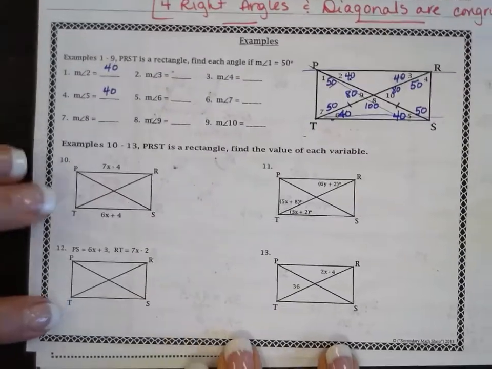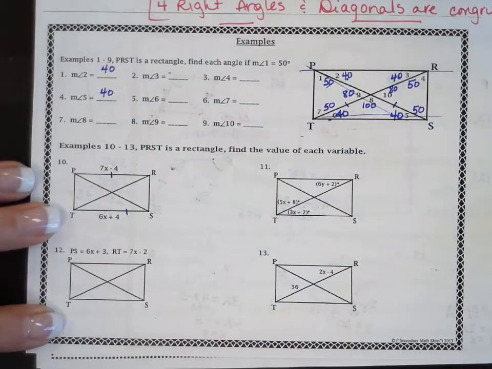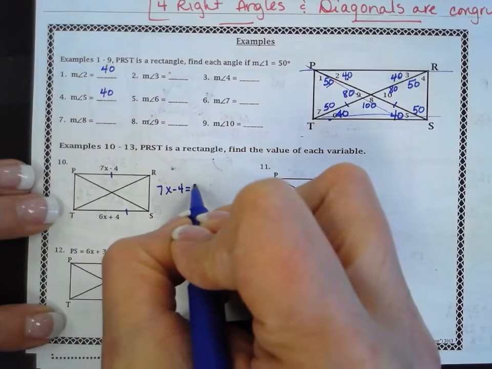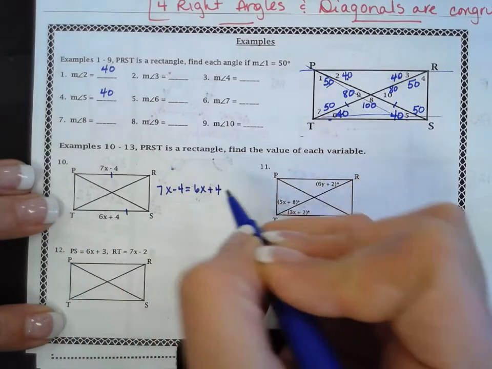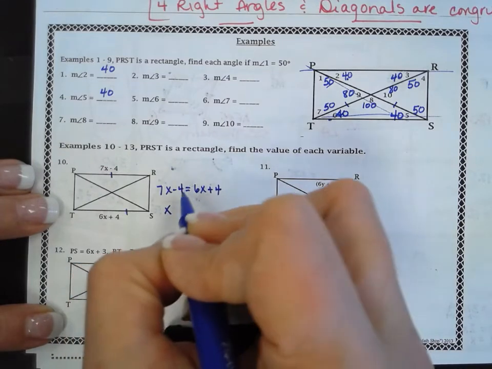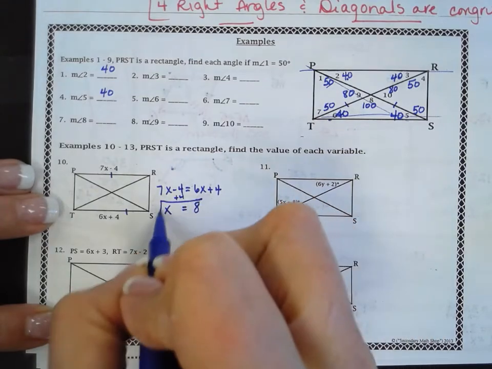Okay, let's go down to finding the variables. I know that this side is congruent to this side, so I can set them equal to each other. And so when I subtract 6x, I get x. When I add 4, I get 8, so x is equal to 8.